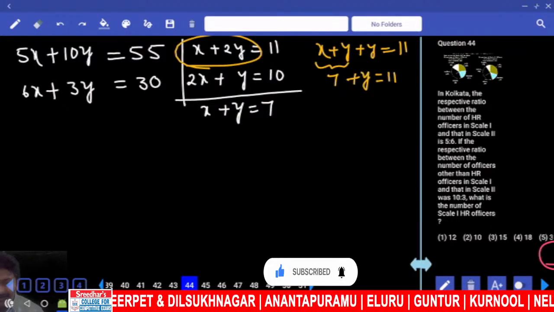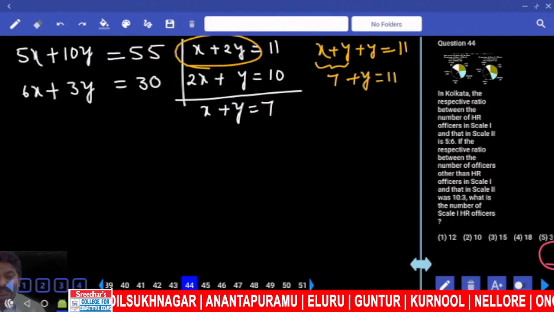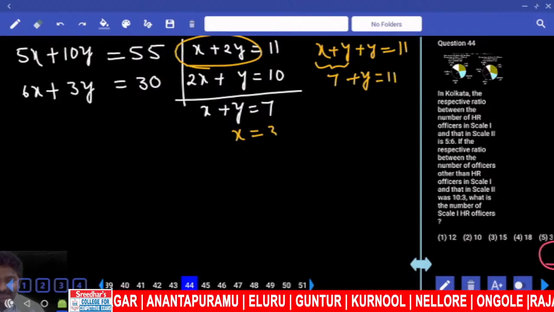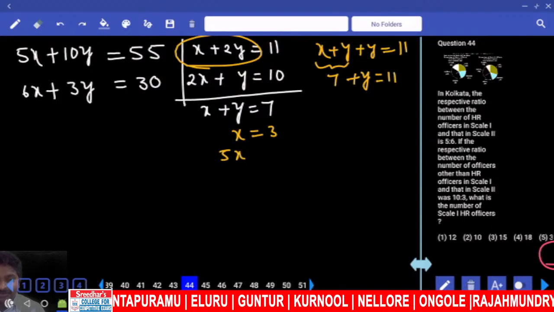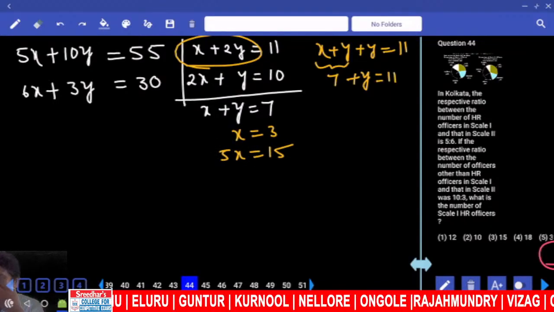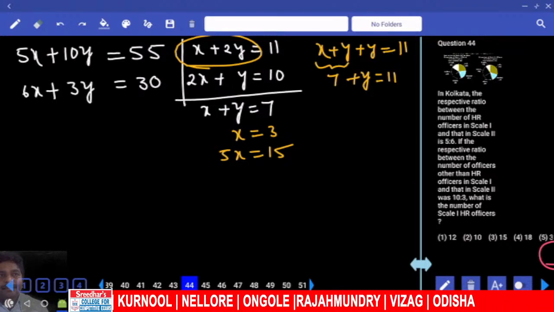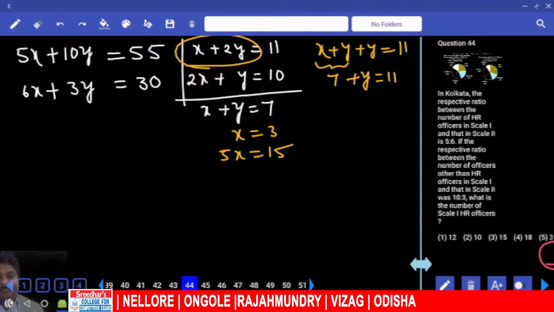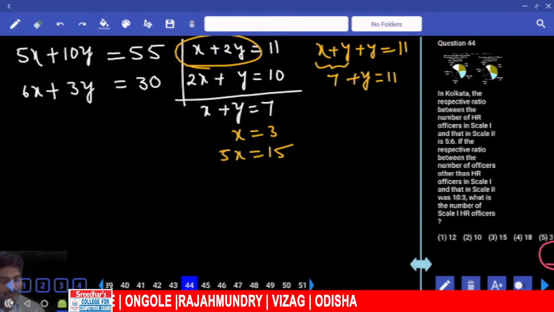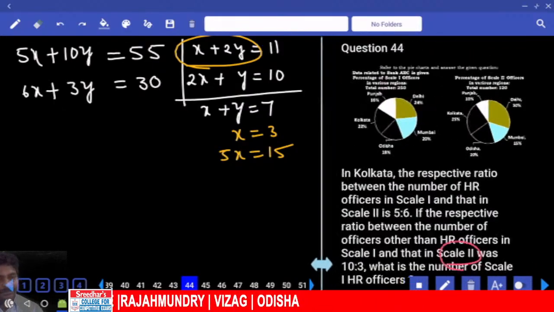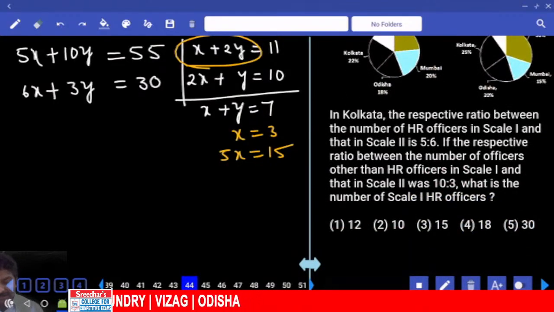You understand? y is equal to 4, then x is equal to 3. The question is about 5x, which is equal to 15. Is it clear?